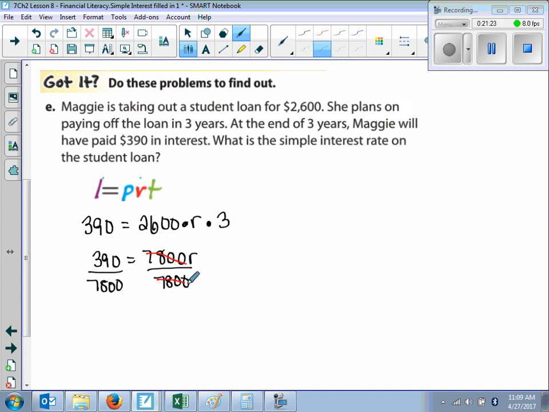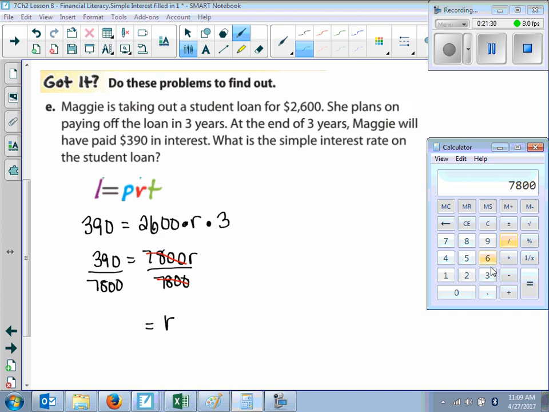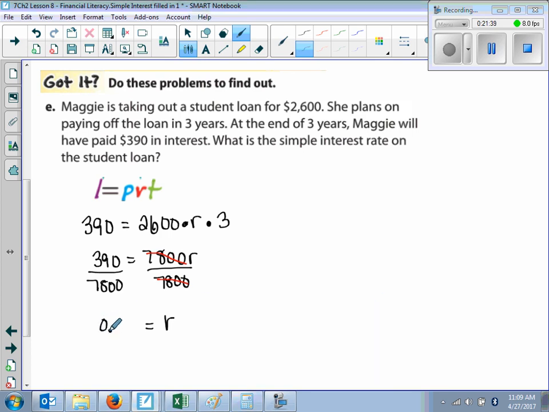So the 7,800s cancel, and then we just divide to get our R. So we have 390 divided by 7,800, and that gives us 0.05. But that's not our percent yet. What do I have to do? Very good. Move the decimal 2 places to the right. So the annual percentage rate is 5%. Very good.